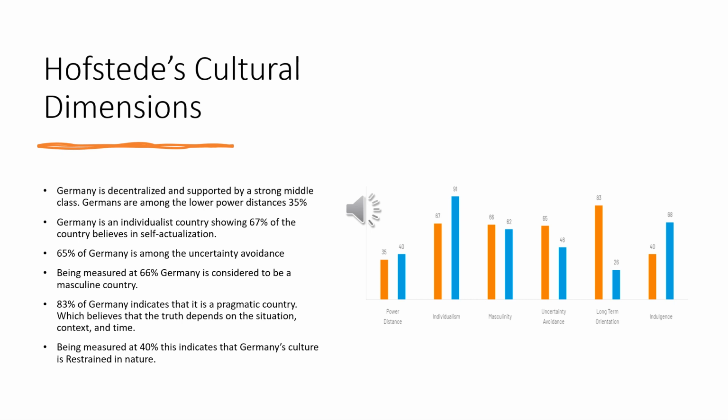The next dimension is long-term orientation, which means that every society has to maintain some link with its own past while dealing with the challenges of the present and the future, and societies prioritize these two goals differently.